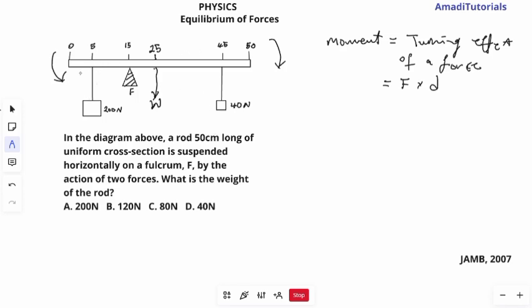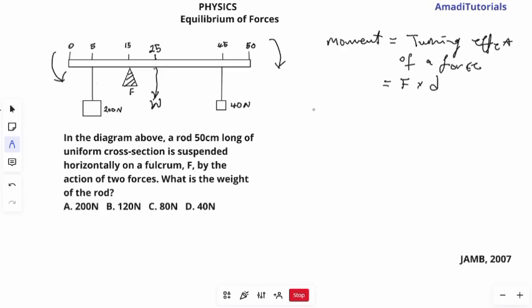That means the total clockwise moment is equal to the total anti-clockwise moment. That's why it's not tilting. If they are not equal, it will tilt to one side. So we are going to calculate the total clockwise moment and equate it to the total anti-clockwise moment. That's how we're going to find the force.